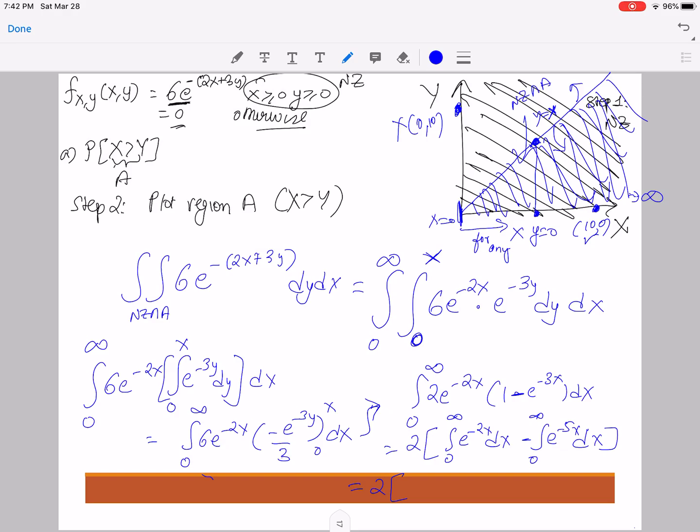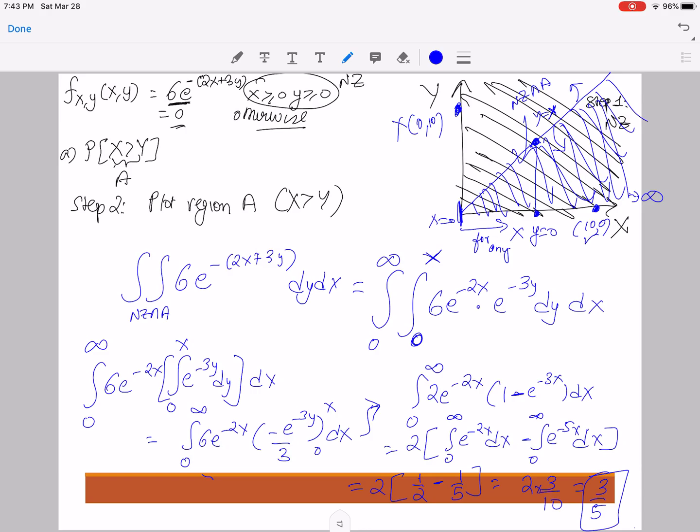For the first integral, I'll get 1/2. For the next integral, I get 1/5. And when I solve this, I get 2 times 3 over 10, giving me 3/5 as the probability that x and y are inside of this region.